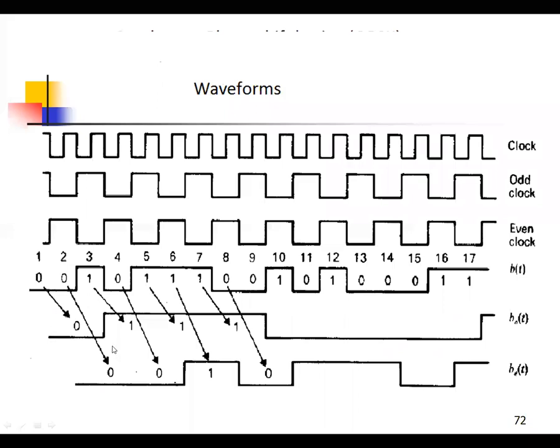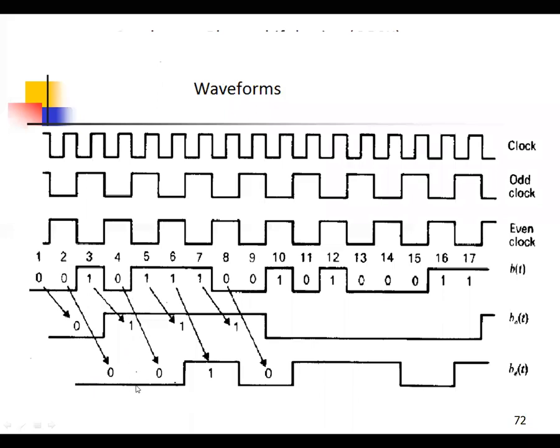Like that, for the even bits: 2, 4, 6, 8, 10, 12, 14, 16 are the even numbers. Now the even intervals are 2 to 4, 4 to 6, 6 to 8, 8 to 10, 10 to 12, 12 to 14, 14 to 16. The second bit is 0, up to the 4th.